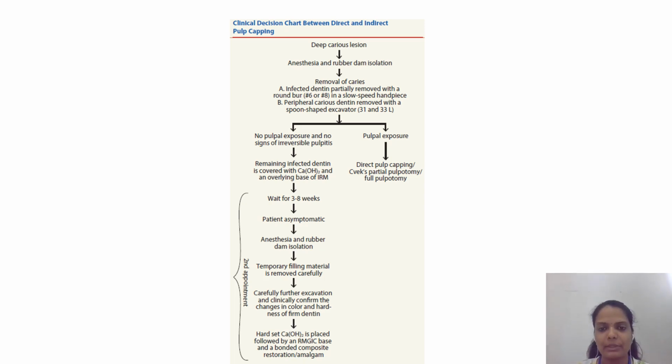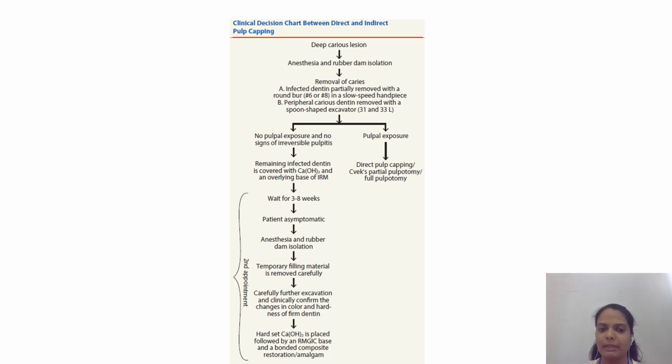And we examine the cavity and see if there is any pulpal exposure or not. If there is pulpal exposure, then we have to take a call whether it should be a direct pulp capping or a partial pulpotomy or full pulpotomy.